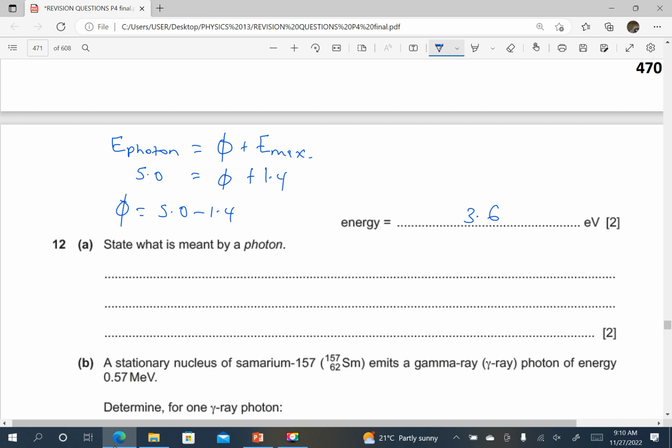So a photon is a packet of energy, or you can call it a quantum of energy. A quantum, because according to Max Planck, energy emitted by a black body was existing in small packets.